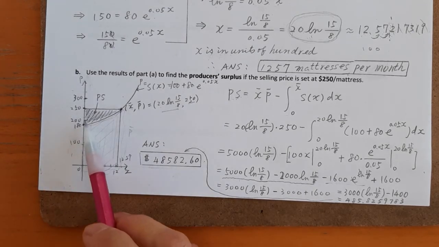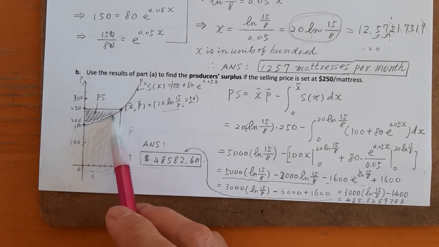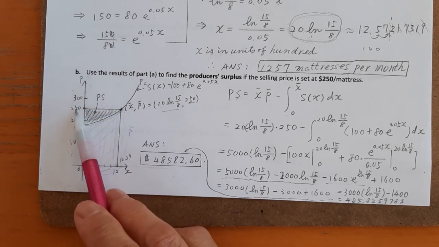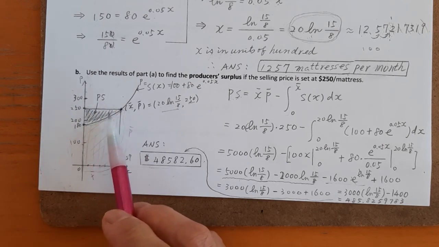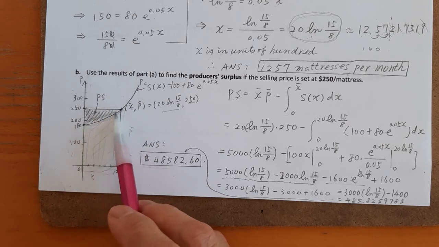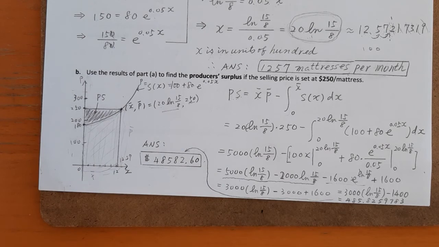Because for the supply function, the price is lower, and now the market is willing to pay higher, 250, a higher price. So then the producer can get surplus.